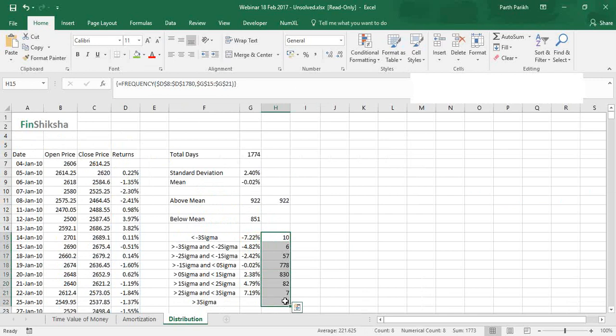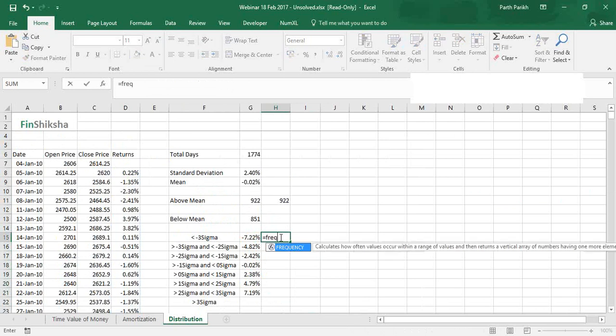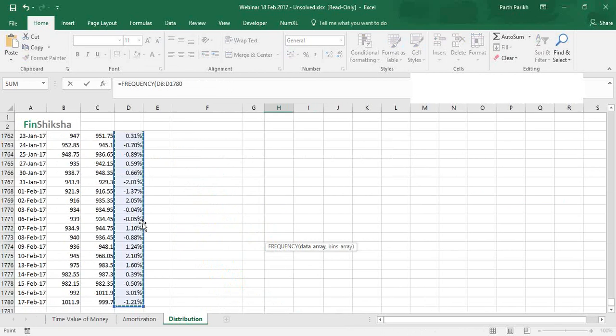I will explain this again. This is an array formula. This is an introduction to an array formula, and that's what we are witnessing here. To find the ranges, there is a formula called FREQUENCY. My data array is the returns, for which I am trying to create a range.